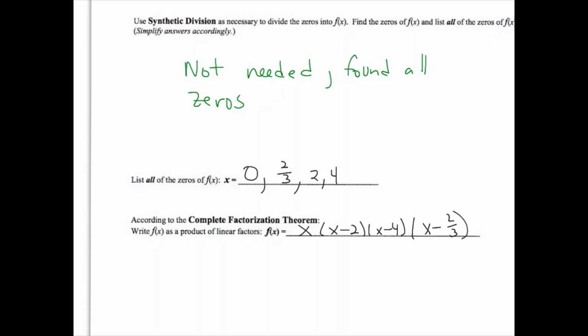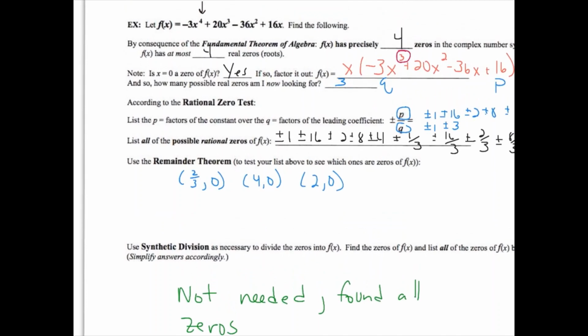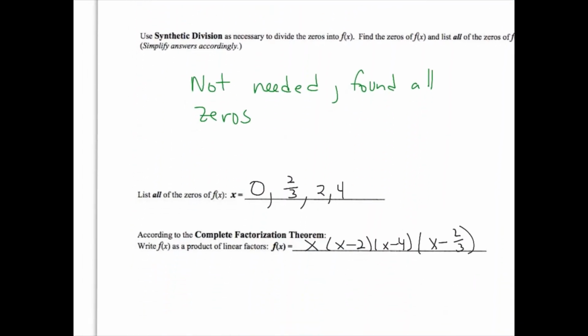But I will claim to you, if I FOIL this out, I will not get the same polynomial I got way up at the top. Because you notice the first term is -3, and I have just x, x, x, x. So to make sure this is factored correctly, whatever the number is in front, in this case -3, you just want to tack that -3 right out front. So this would be the factorization.